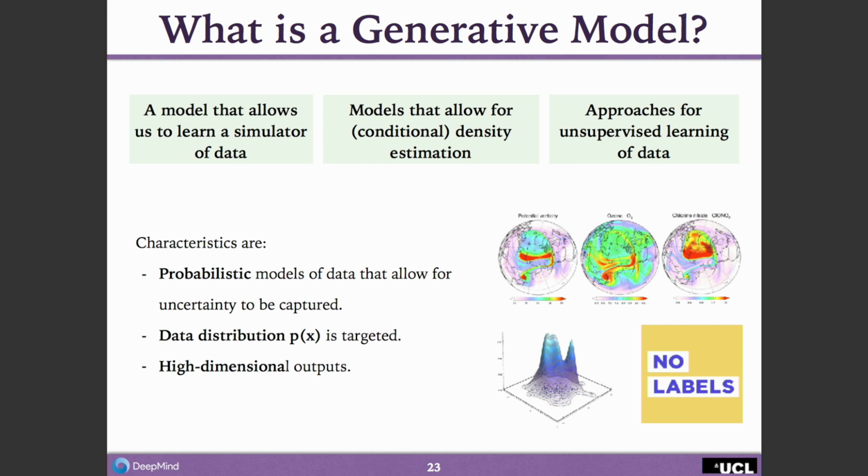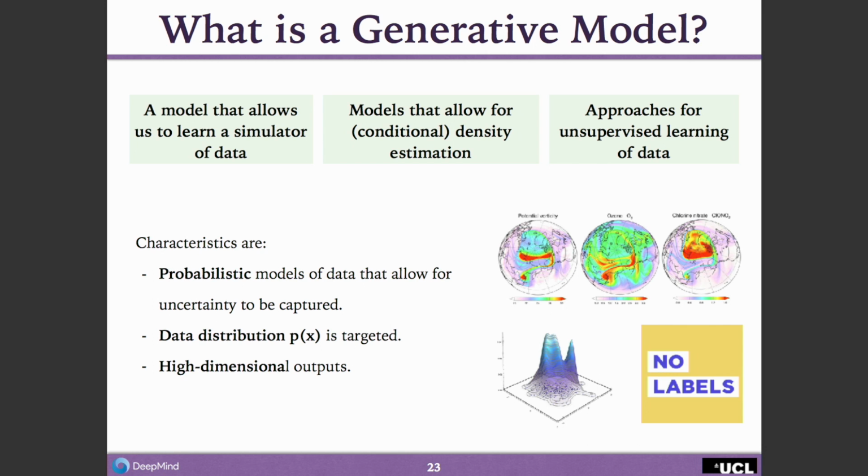So if you are learning P of x in some way, or some high dimensional P of x, then that will be it. And for other people, it will be just anything that is unsupervised will also be a generative model in some way or the other. You can choose whichever definition you like, but typically the characteristic that's common between all of them is that they are probabilistic models that have some form of uncertainty, some form of distribution that we're going to be manipulating.